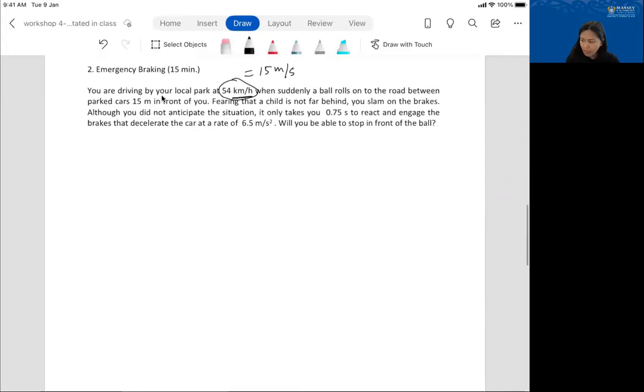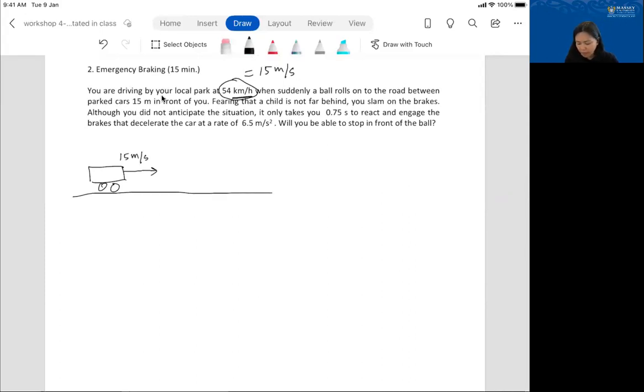So the scenario here is that you're driving along the road at a speed of 15 meters per second, right?